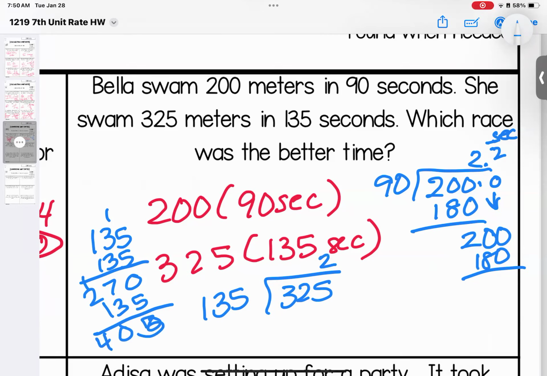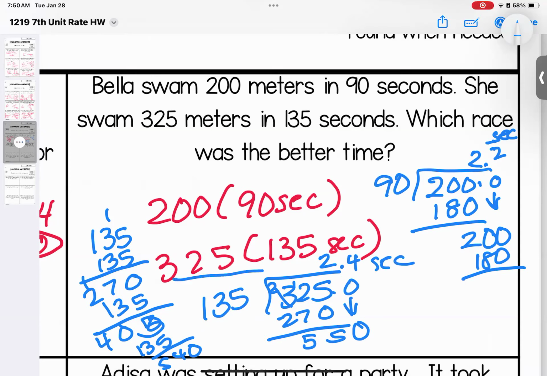So 2 is gonna give us 270. Don't forget your borrowing. Please don't steal. So 5 is a 5. Add a zero. That'd be 10. 4 is a 5. It could go in 2.4 times.